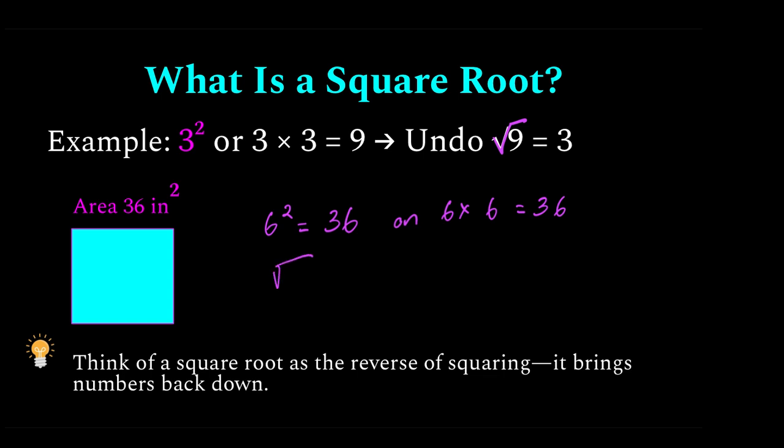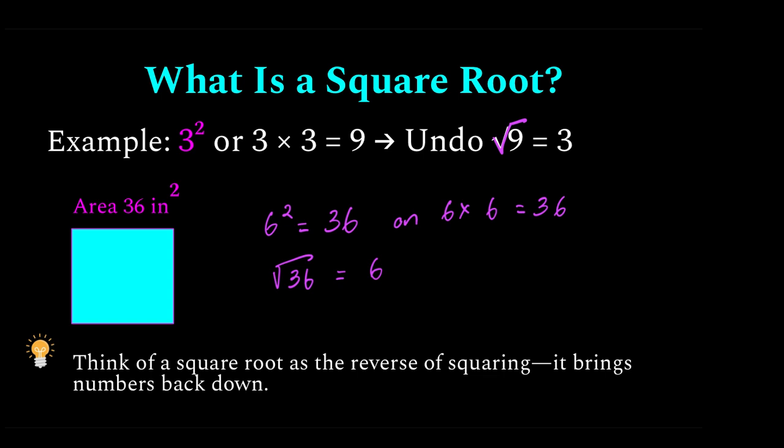And if we reverse it, undo what was done, that means the square root of 36 equals 6. So, in other words, a square root tells you the side length of a square when you already know its area. That's why we call it a square root. It's literally connected to the geometry of a square.